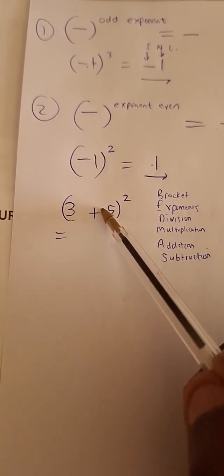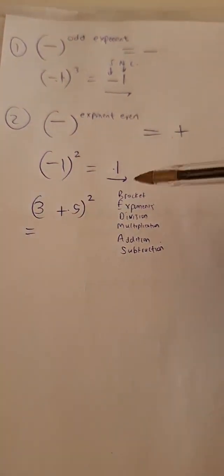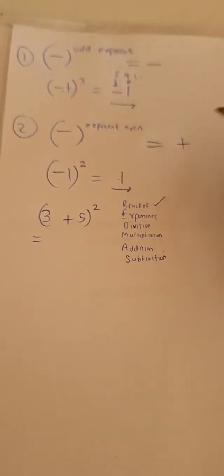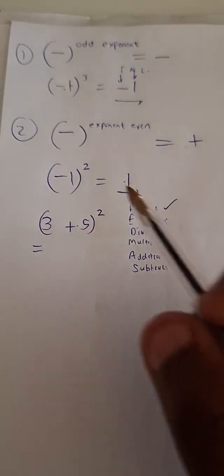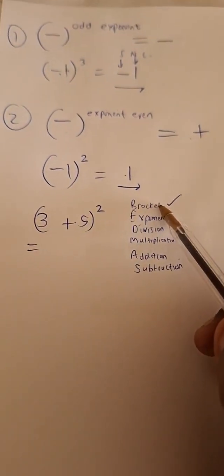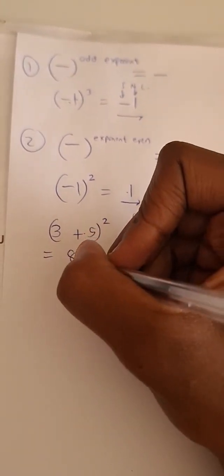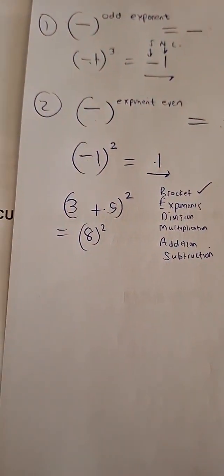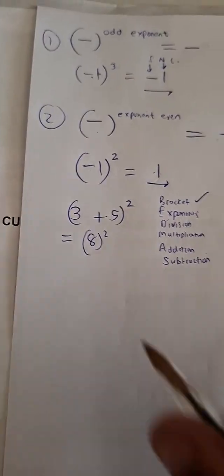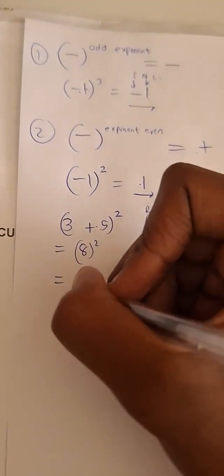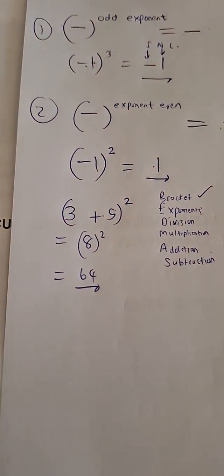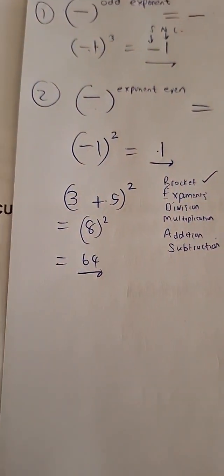You can add these two numbers together. That's why it helps to know BODMAS. So 5 plus 3 is 8. Then 8 squared is like saying 8 times 8, which is 64.